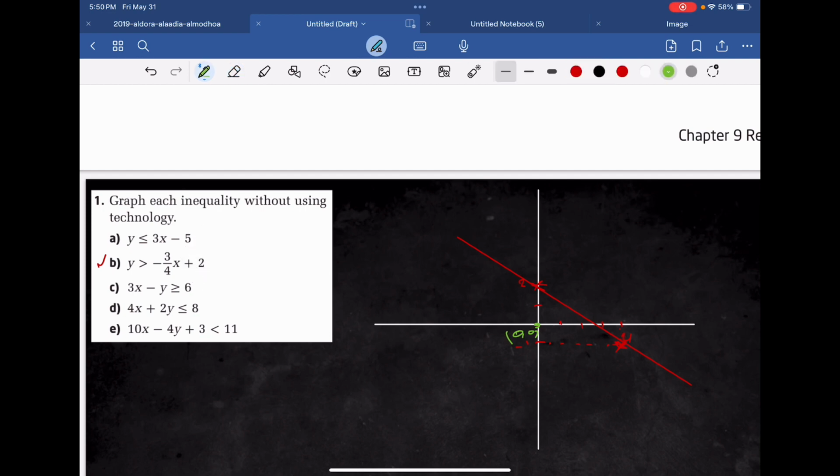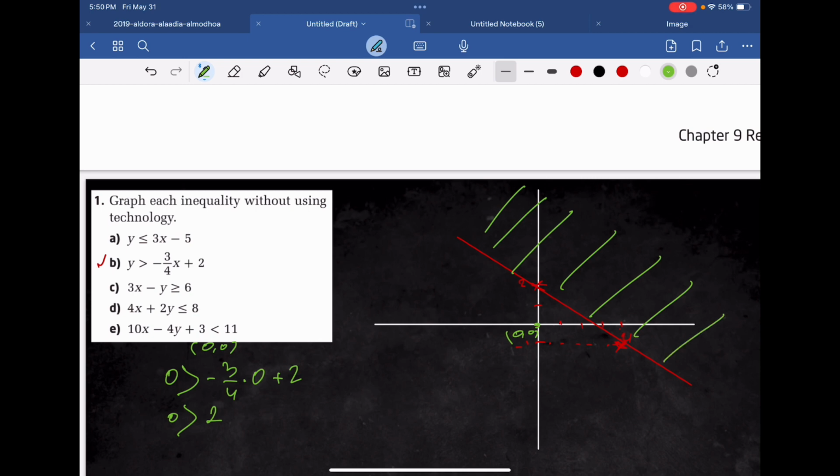Is this equation correct or no? So let's do that. 0 is greater than minus 3 over 4 times 0 plus 2. This is when x is 0 and y is 0. 0 is greater than 2. Is it correct? No, it is not true. So my correct answer will be here, this section.